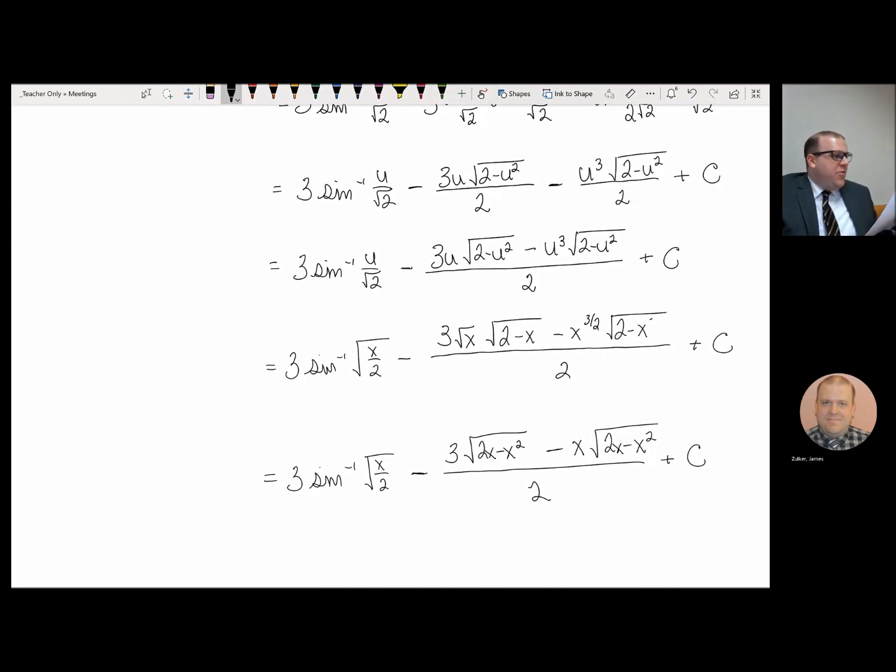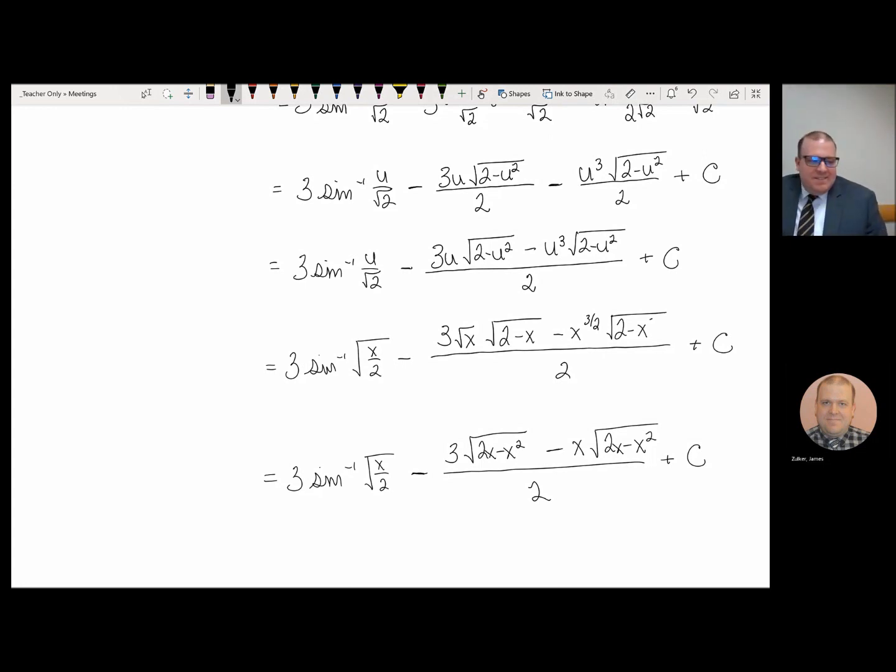Which is very close to what I have in my notes, because I didn't do it this way. And I'm sure that I can simplify the inverse sine of root x over 2 to be what I have. So I'm going to say that's correct.